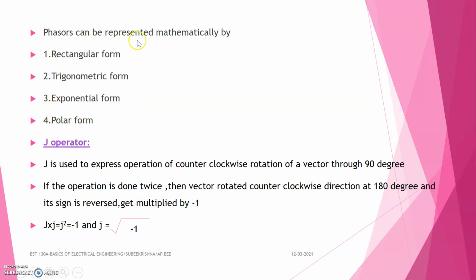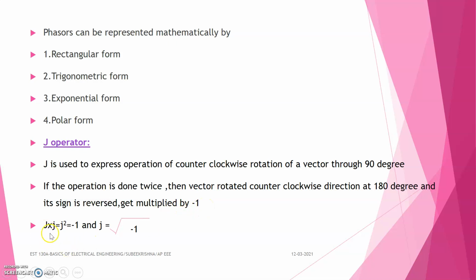By representing the phasor in these forms, we are using the j operator. The j is used to express the operation of counterclockwise rotation of a vector through 90 degrees. If the operation is done twice, then the vector is rotated counterclockwise by 180 degrees, and its sign is reversed, that is, it is multiplied by -1.